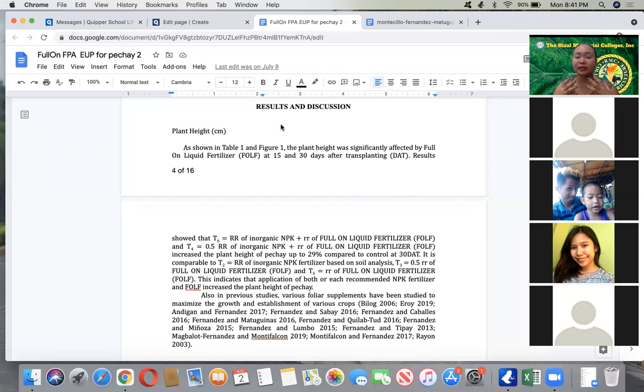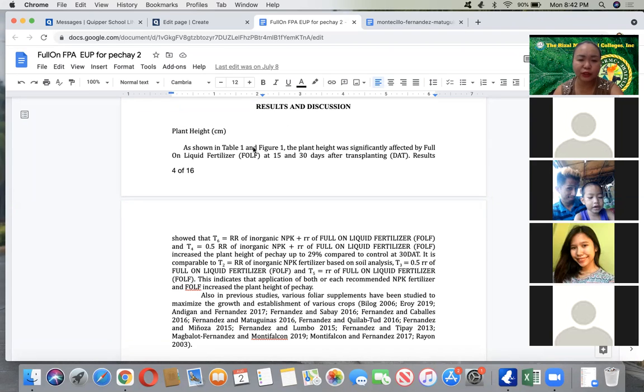It depends on the format of the journal that you are following. If there are no specific requirements, it's better that you combine the results and discussion, so it is clearer in the presentation.